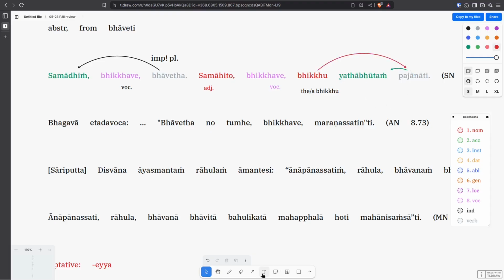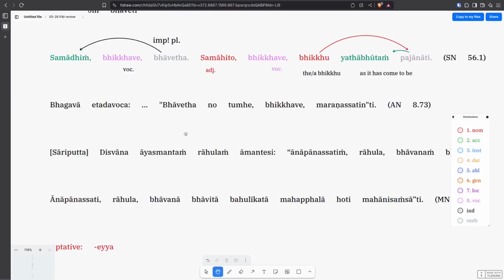Yatha bhutam pajanati, as it has come to be. Yatha is 'as it is', and bhuta is from the state, so as it came to this state. He understands how things happen. This is maybe an English idiom for it.